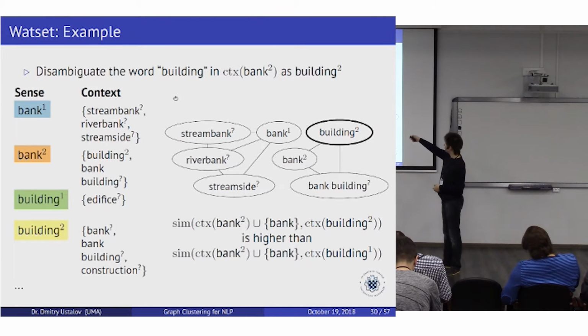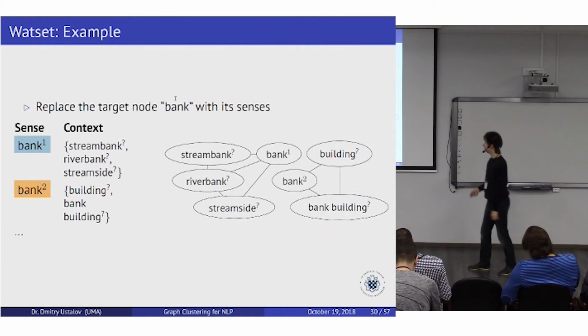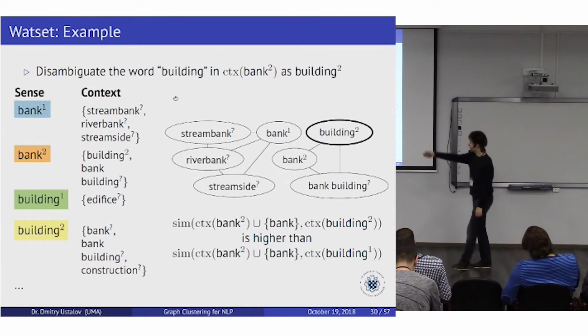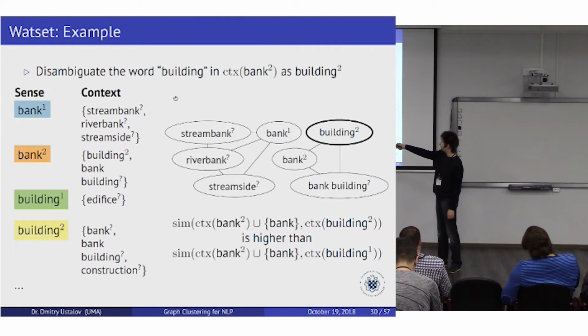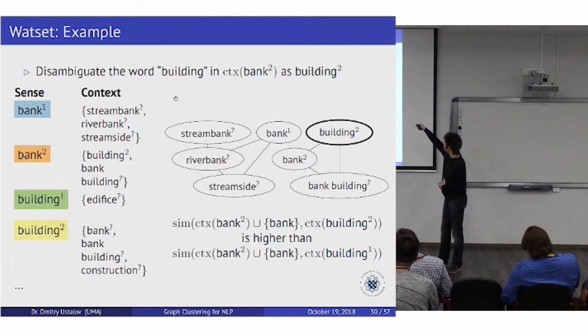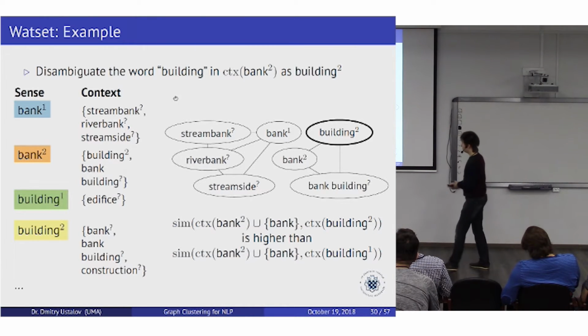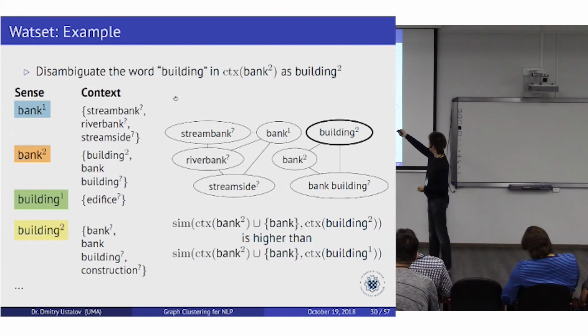So having run this operation for sense induction for all the nodes in the input graph, you'll get a context for every sense of every node. For instance, you are trying to disintegrate this word building. So we have already, it was question mark, not unknown. Now we have two. And we are comparing the context of bank 2, like this, to every context of every sense of the word building.